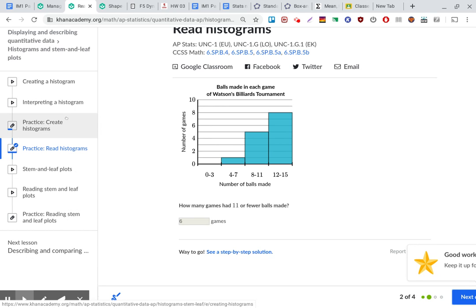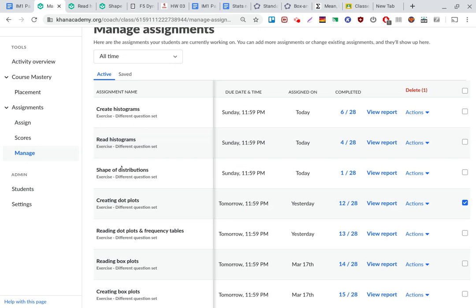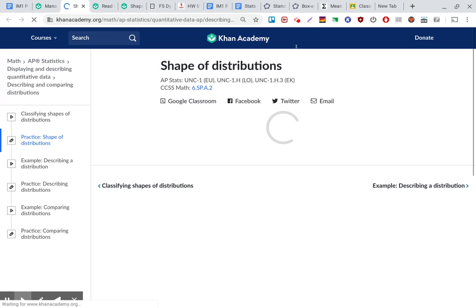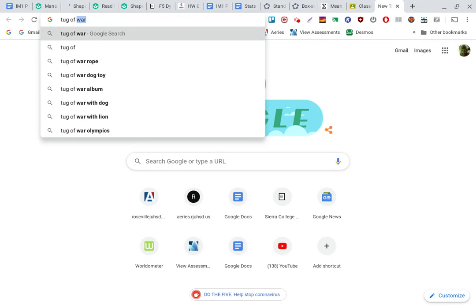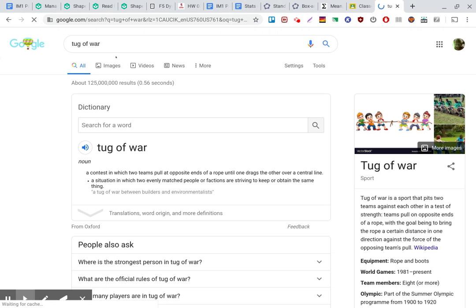interpreting the shape of a distribution. And the way I was describing the shape of the distribution is by this idea. Pretend you're playing tug of war. I'll bring an image.